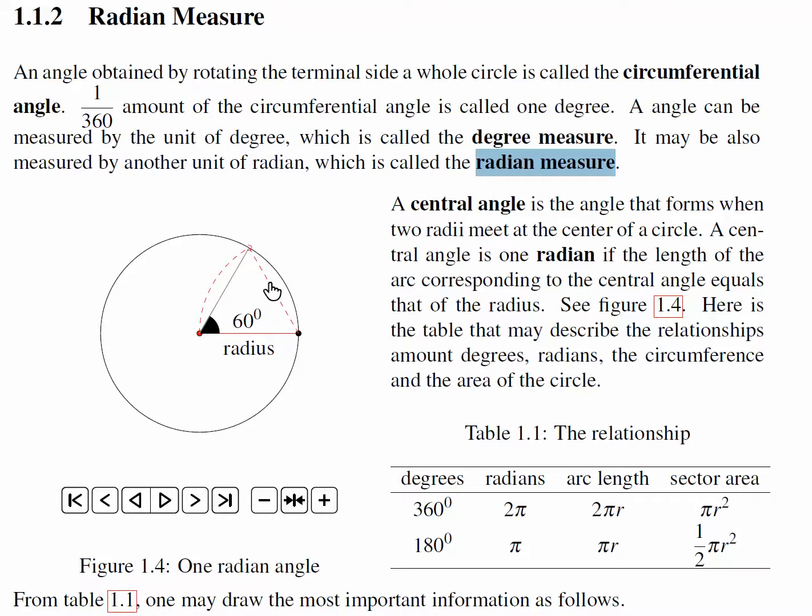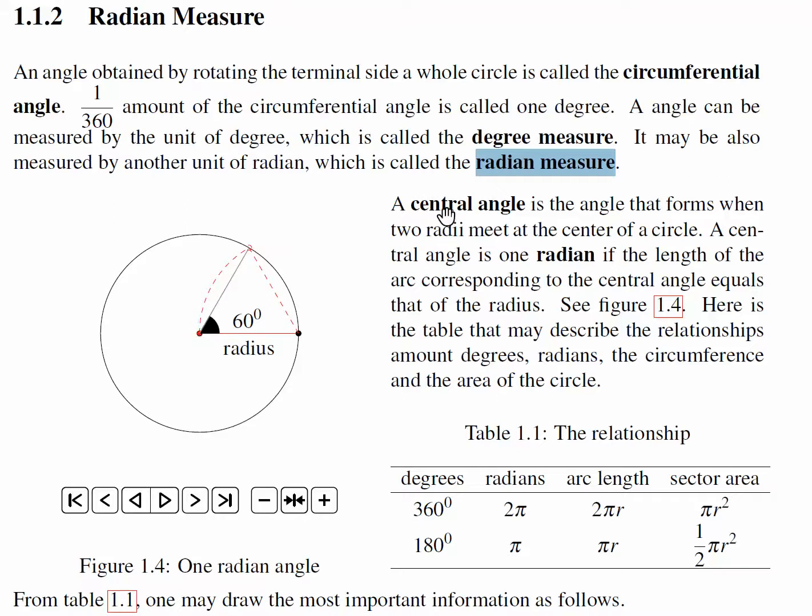And those 3 sides are equal, so all those angles are equal. Because the sum of 3 angles equals 180 degrees, this angle will be 60 degrees. So this central angle is 60 degrees. This central angle is formed by 2 radii. One is this one, another is this one.